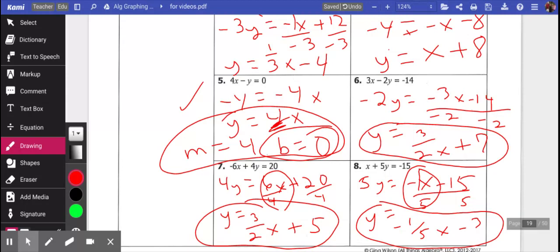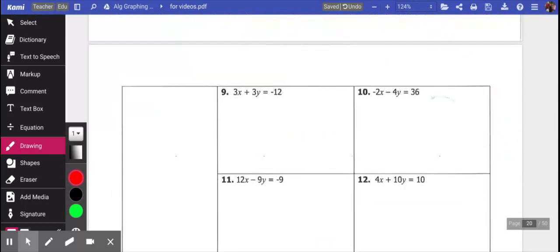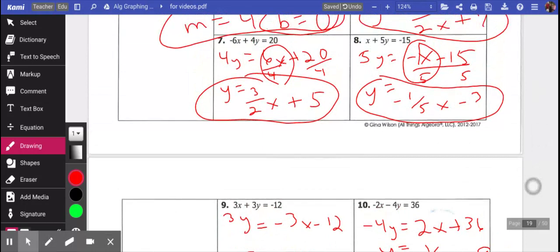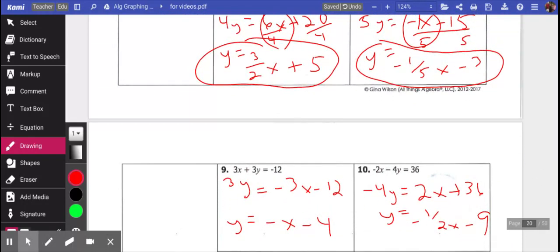Okay, go on to the back and do 9 through 12, and pause it. So starting with 9 and 10, here are your answers. And again on number 9, if you put a 1 here, that's not wrong.